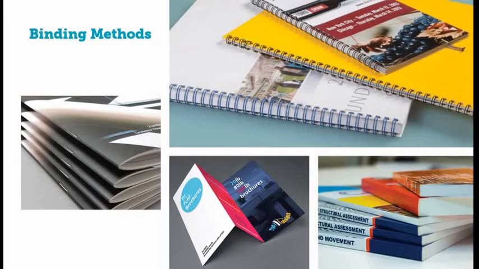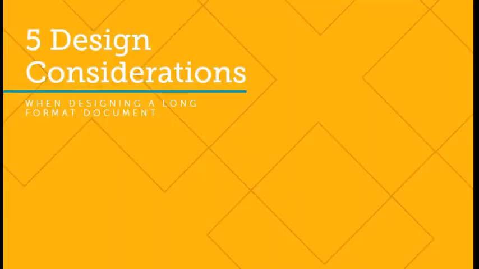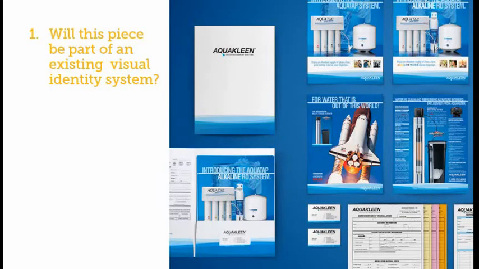All right, and our last section are our 5 design considerations when designing a long format document. Our first consideration is: will this piece be part of an existing visual identity system? More times than not, when you're working out in the world, when you're asked to design something, there are already existing pieces in some sort of cohesive visual style for your client.